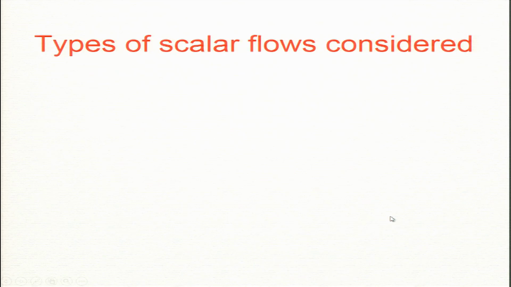Now, what types of flows will I consider in this set of lectures? One thing is I focus on scalar, actually on both, so they are related. Type 1 is passive scalar, where there is a force F_u, but it is independent of theta.